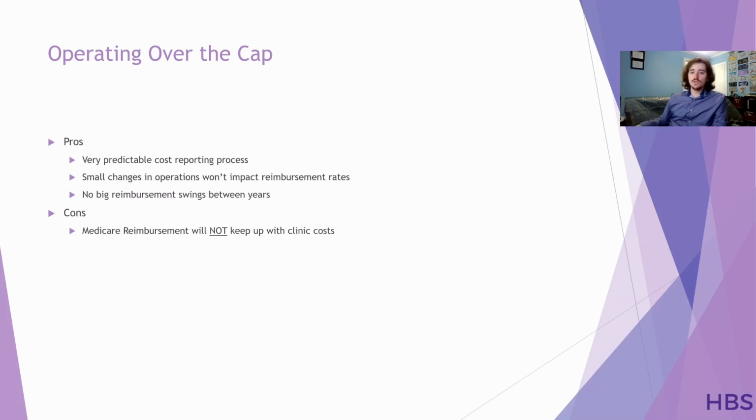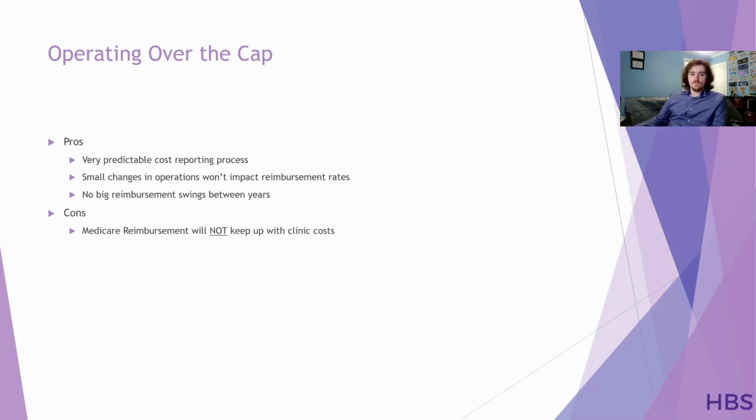From what we saw, clinics would operate anywhere from $50 to $100 per visit over where they were getting paid by Medicare. So this is the situation that most clinics found themselves in. And then as we move forward, as the cap gets higher and higher, more and more clinics are going to be finding themselves operating under the cap.